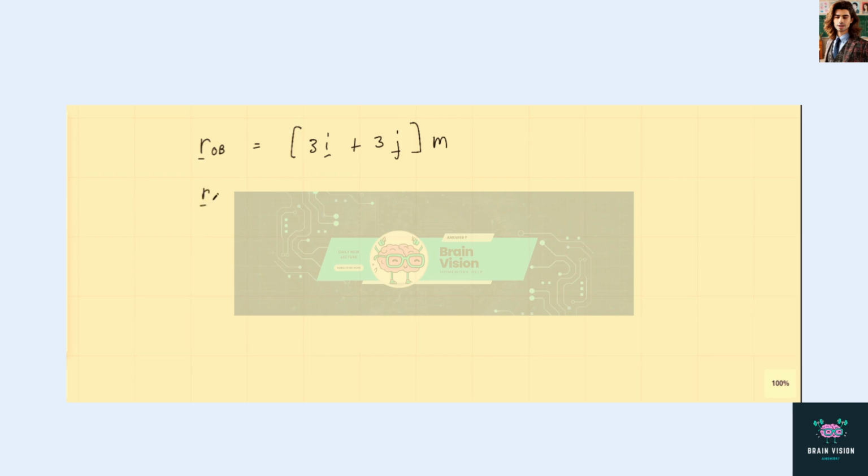The position vector ROA is equal to 2i minus 1.5j plus 2k meters.